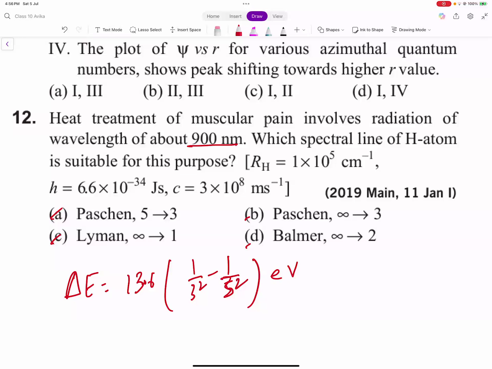So again, it is not that, because we are getting 1.38, right?